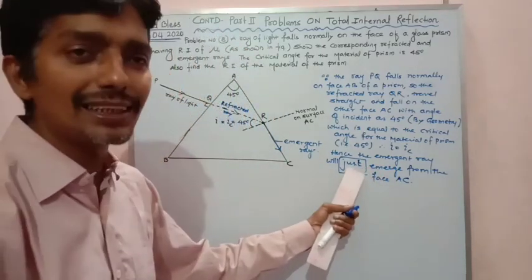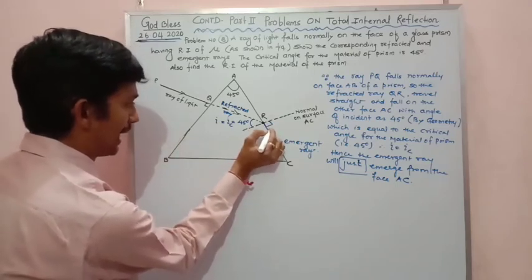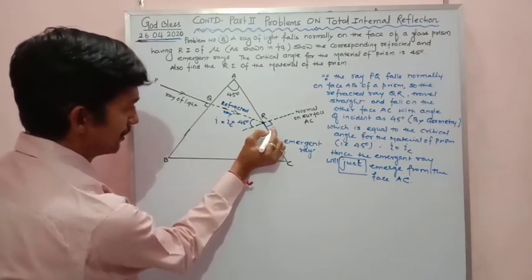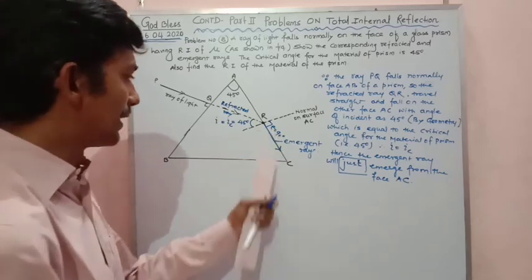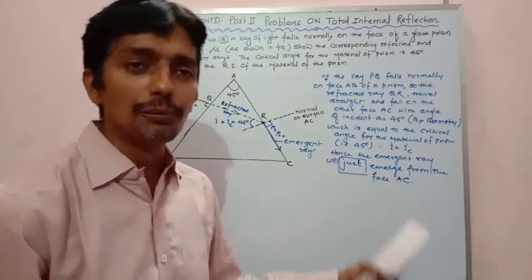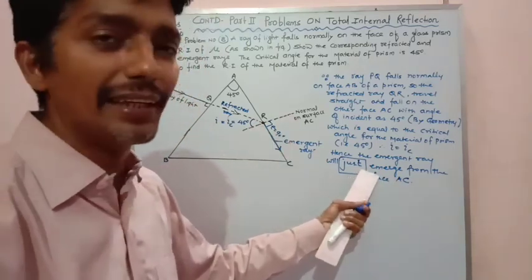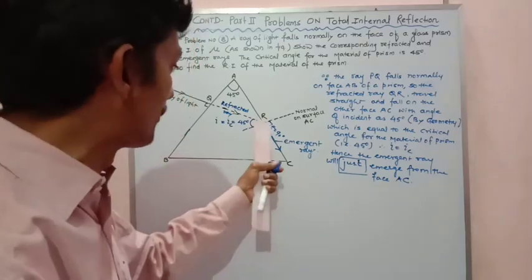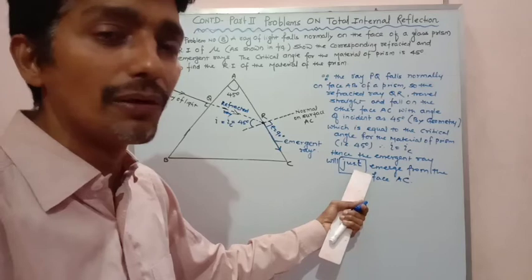When we say just emerge, it means the angle of refraction at that time will be 90 degree. Here you can say the angle of emergence is 90 degree, with the normal. Then we say just emerge. It means it is not going out. It is along the surface only, and we have used the word just emerge.